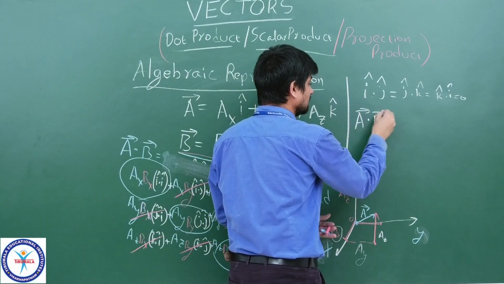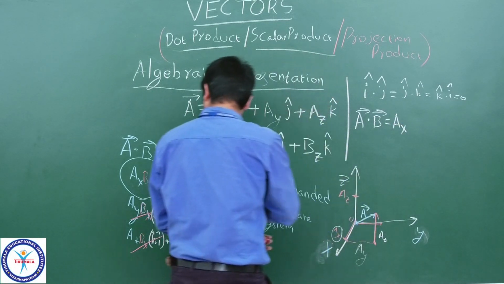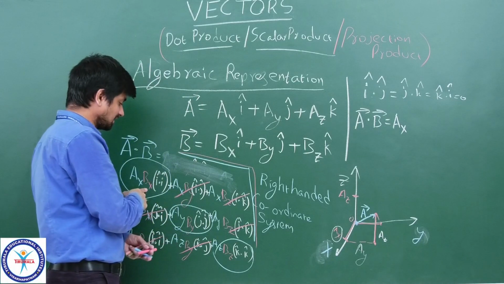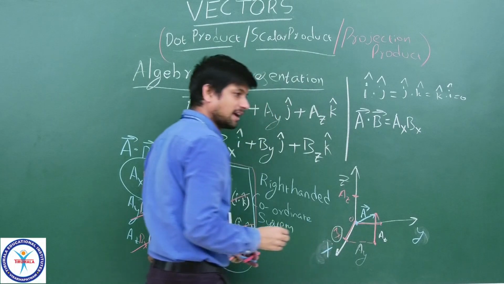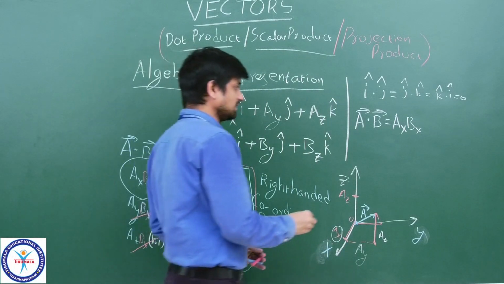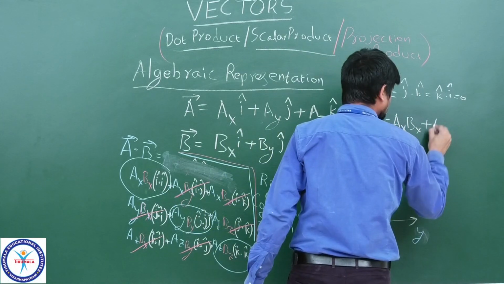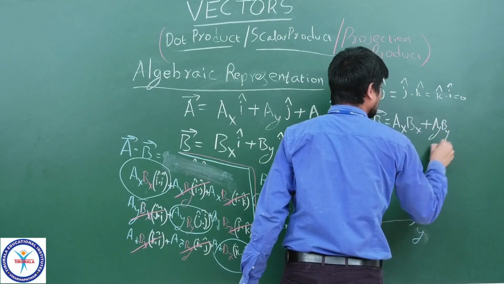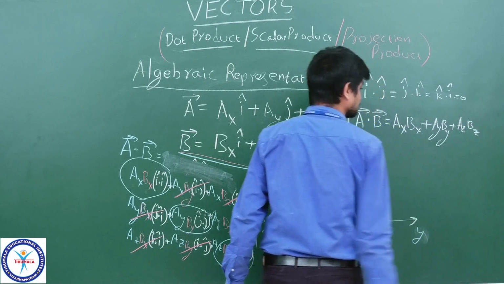A dot B equal to, what did you get, children? Ax Bx, i dot i value 1. In the same way, in the second line you can see the middle term Ay By plus Az Bz.